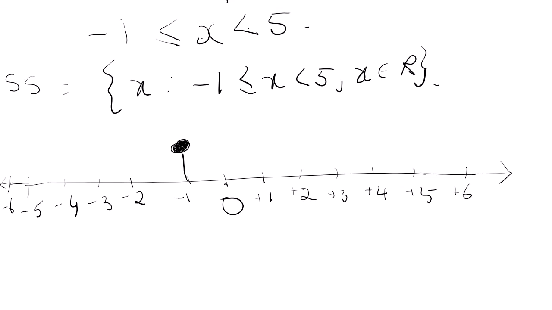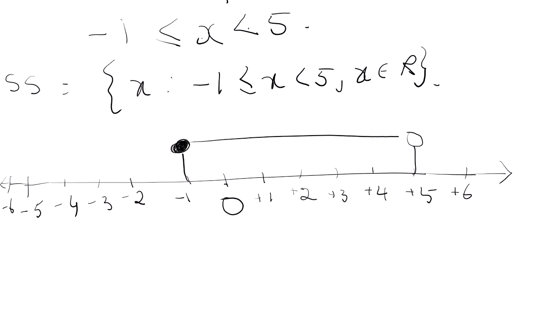Okay. Now this one has no equality sign. So x is less than 5. So here it will be a hollow lollipop. And in between, whatever numbers are there, the decimal numbers in between, all will be in the solution set.